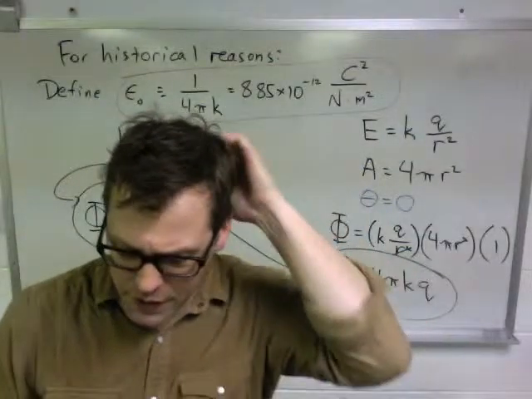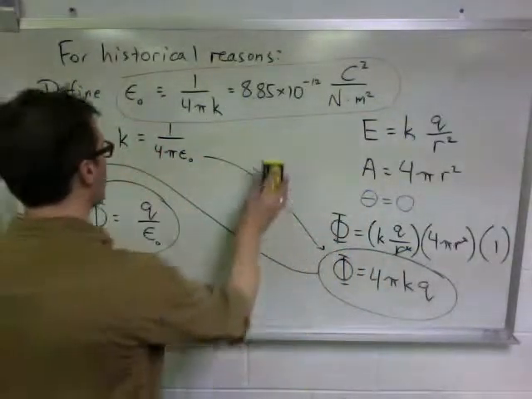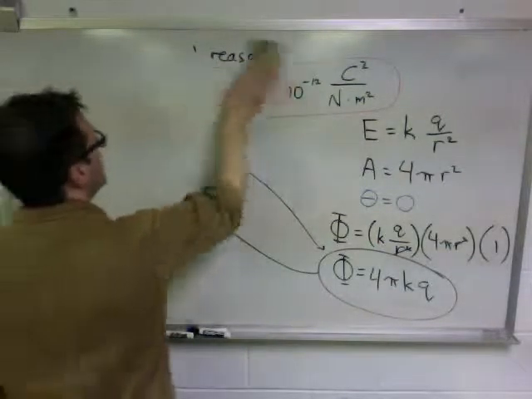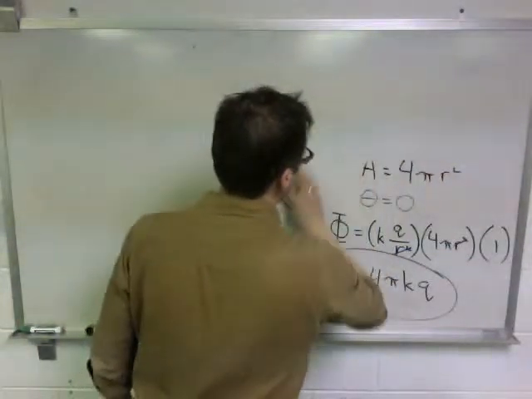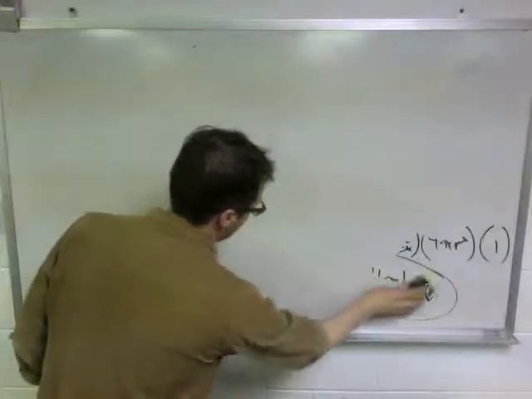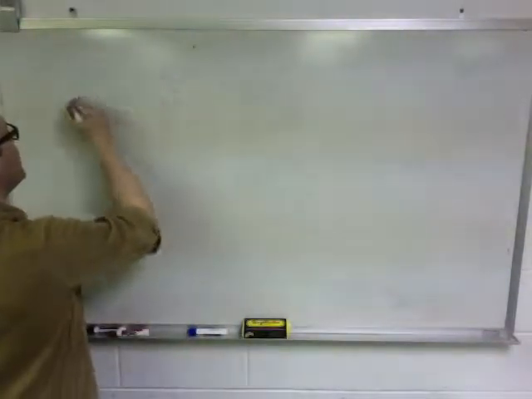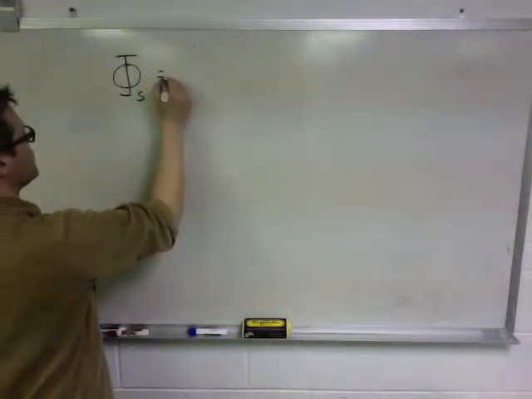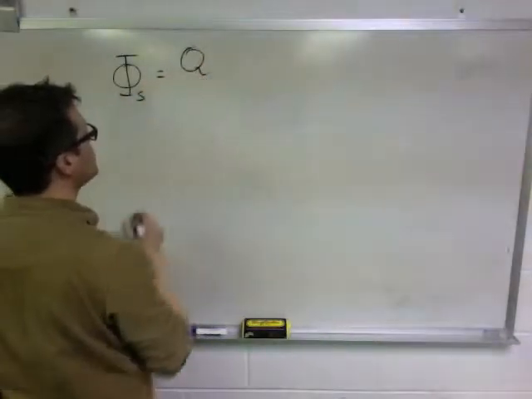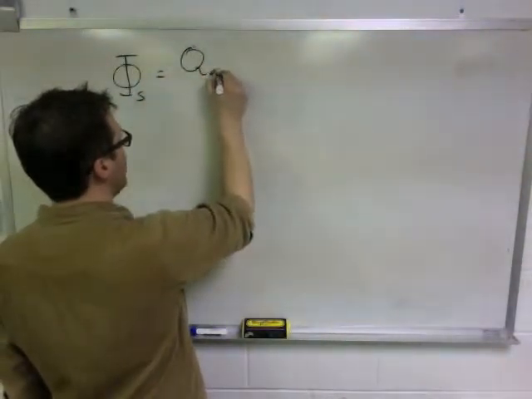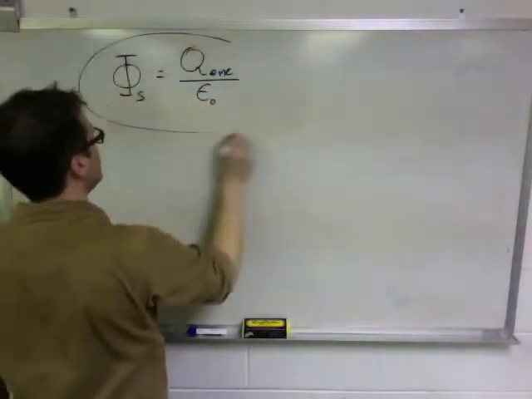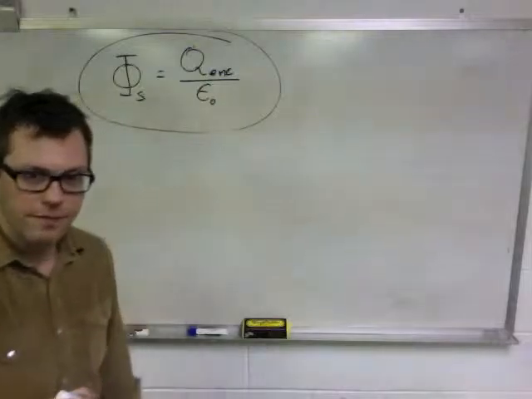This is a very fundamental result because it turns out that for any closed surface S that you can think of, the flux through that closed surface is going to be equal to the charge enclosed by that surface divided by epsilon 0. This is a general truth.